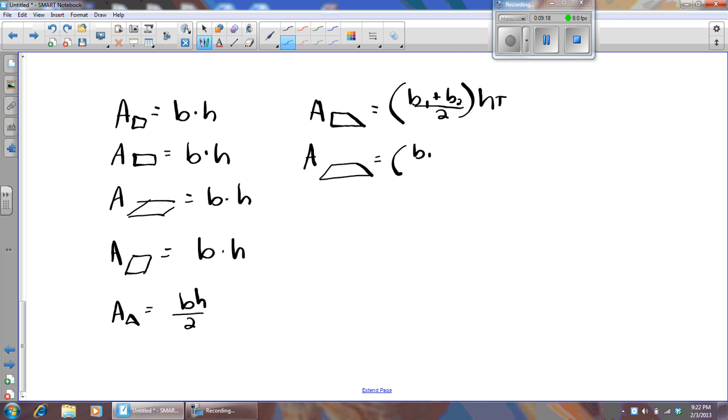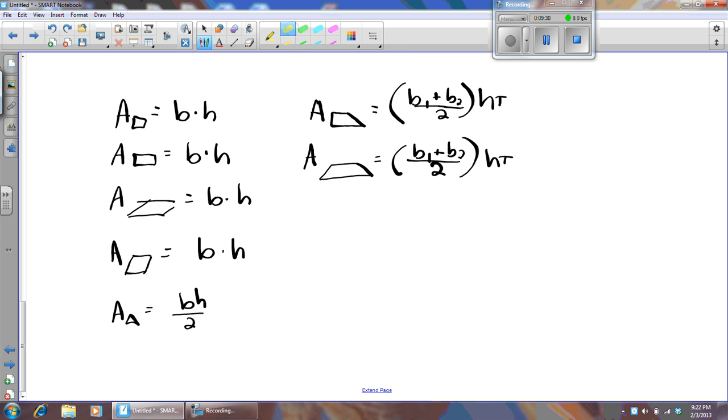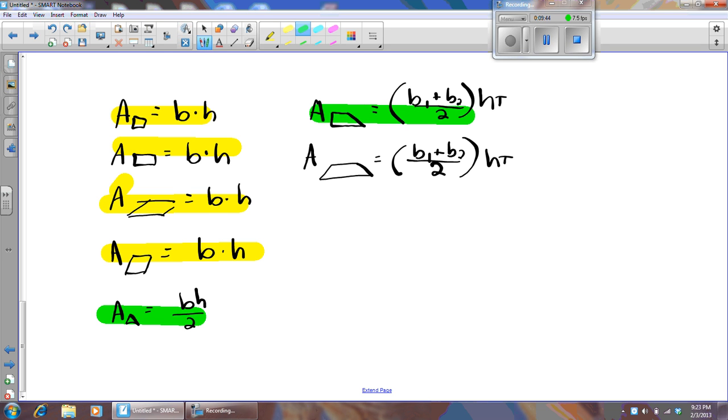Now, I don't know about you, but I look at these formulas and they all look pretty much the same. These four are identical, right? So 1, 2, 3, 4. Those are identical. And these are just alterations of it, right? And of course, those two are exactly the same because it depends what kind of trapezoid, but they're the same formula.